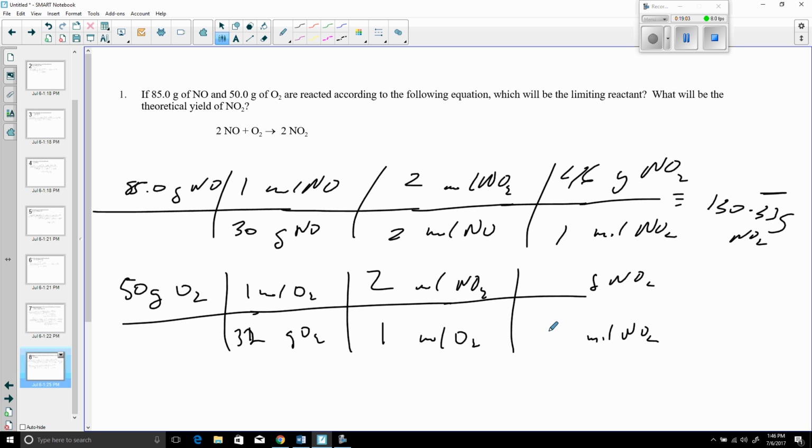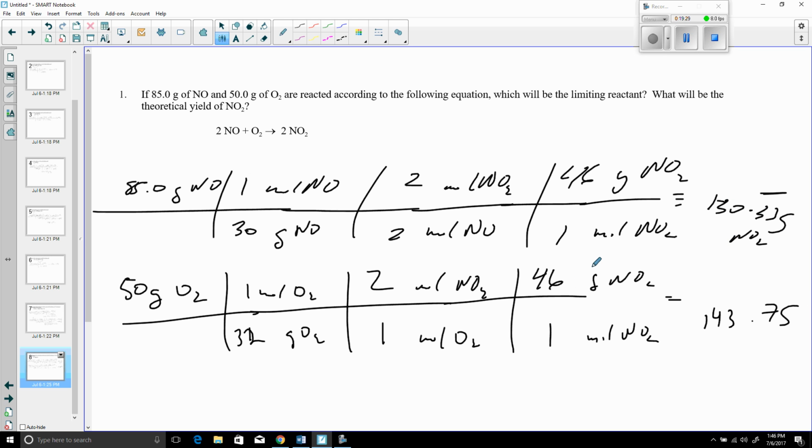So that is 1 mole is equal to, and we have it up here already, 46 grams. So we take 50 times 2 times 46 divided by 32, and we get 143.75 grams. And that was 130.